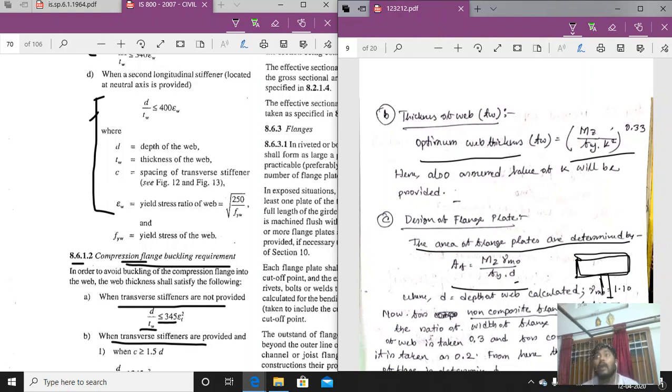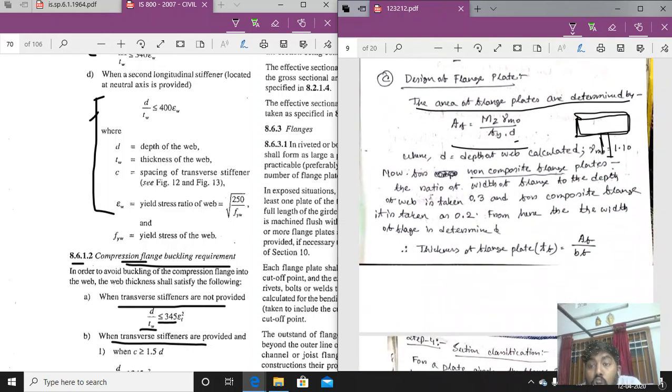Now to determine the dimensions of the flange plate, that is BF and TF, the width of the flange and the thickness of the flange, how do we determine that? For non-composite plate girders, what is the meaning of composite?